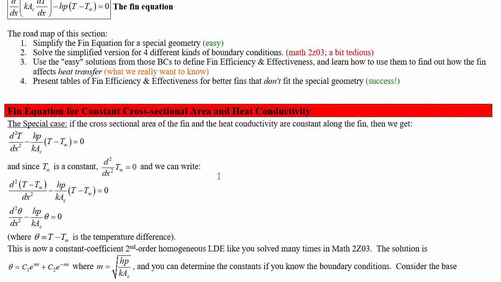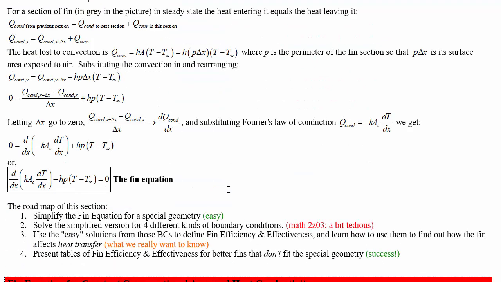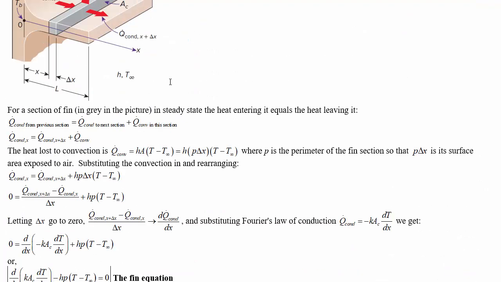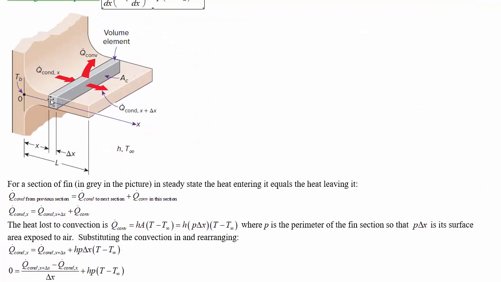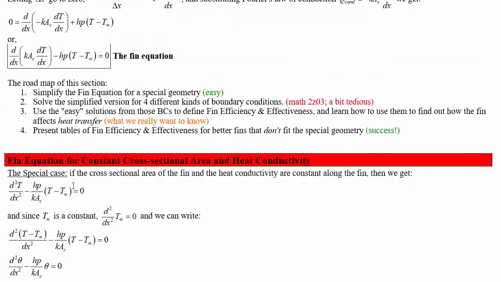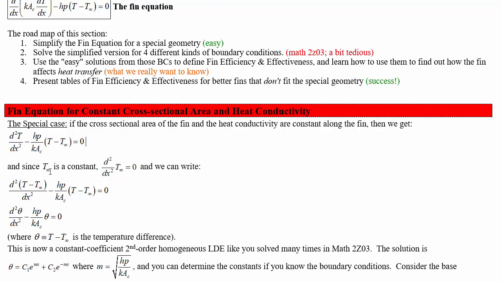The first special case that we're going to do is we're going to assume that we've got a constant cross section, so just a rectangular fin, and constant thermal conductivity, so that we can take the kA out and turn this into a second order differential equation, like so. Then we're going to take T infinity, the free stream temperature of the fluid, as a constant, so that we can substitute that in for the derivative in the first term and make the substitution theta.